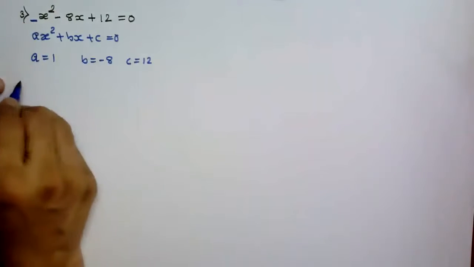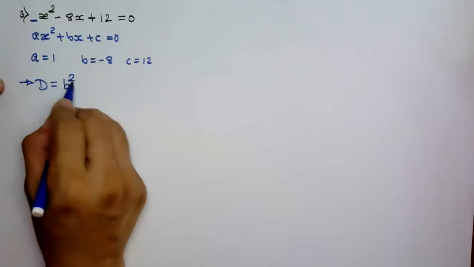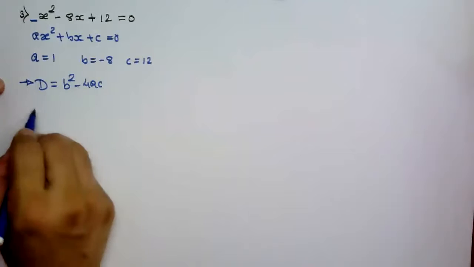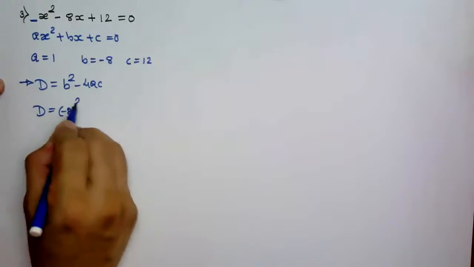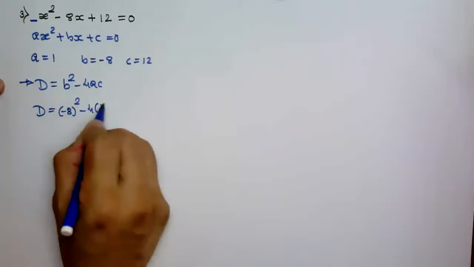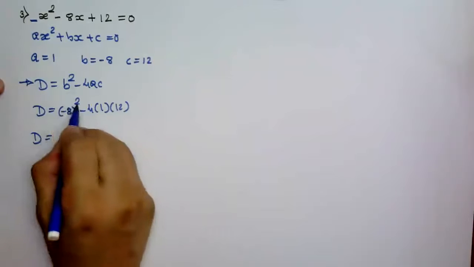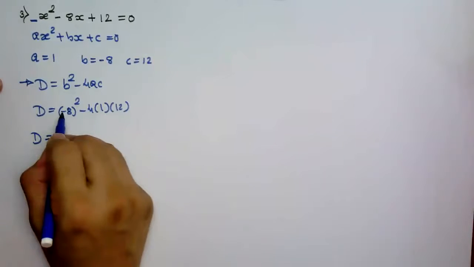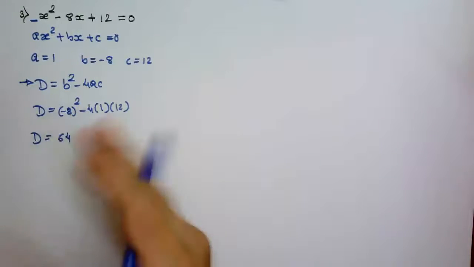That's important. The discriminant D is equal to B square minus 4AC. B is -8. 4 times A is 1, C is 12. As you are making square of this negative sign, it will become positive. 8 squared is 64. 8 8s are 64.